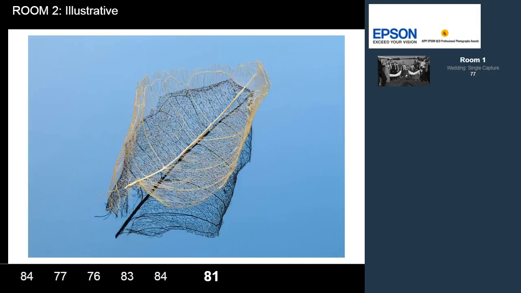The thing that really grabbed me was the way the transition between the top of the frame where the delicate veins are still there, then this complex reflection and the veins in the middle of the frame, and then at the bottom we've got that same delicateness but in the reflection.